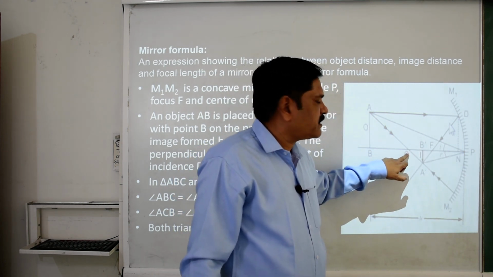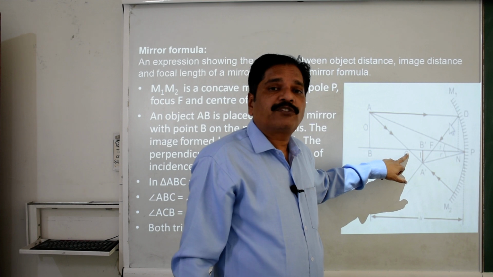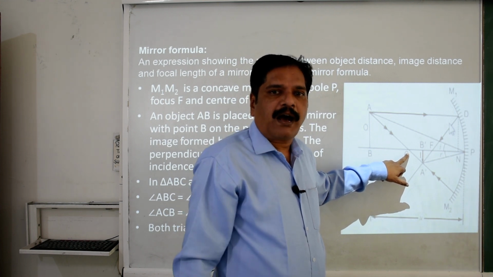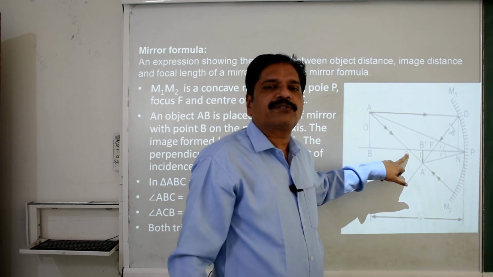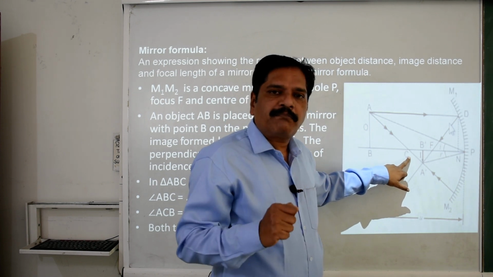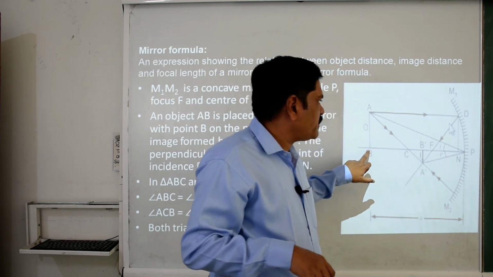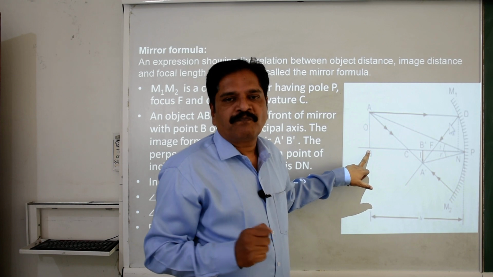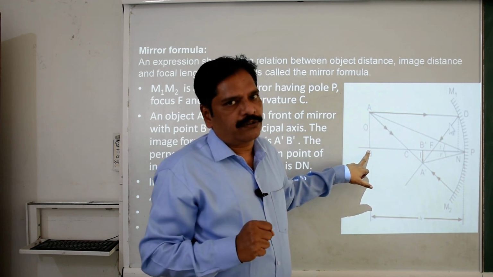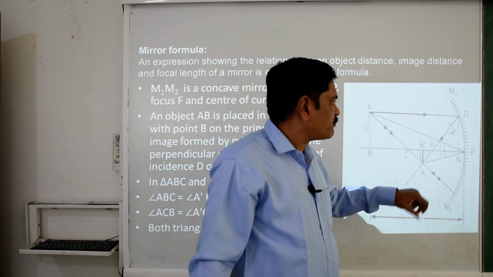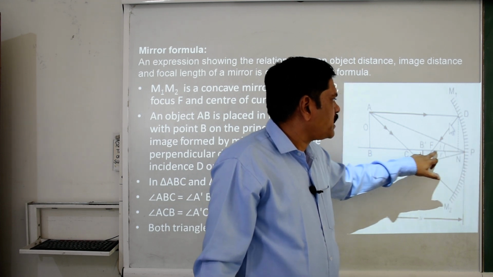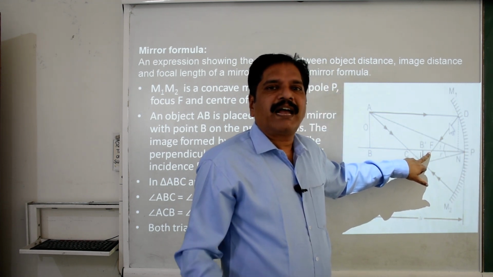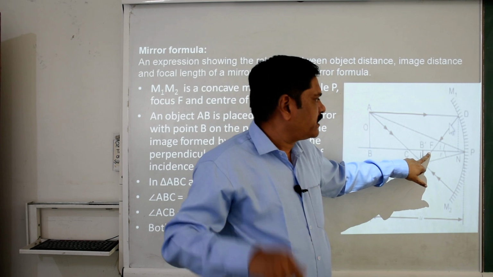This is PC, denoted by capital R. It will also be negative, so PC will be minus R. PB will be minus u. The distance of the object is always denoted by small u. Then this is the focus. PF is the focal length and it is also negative, that is minus f.